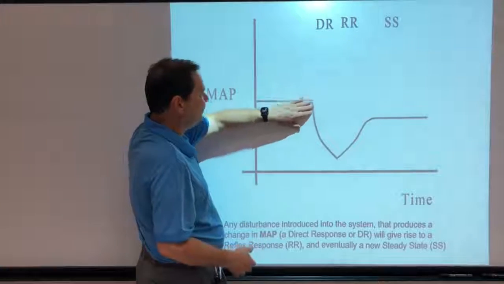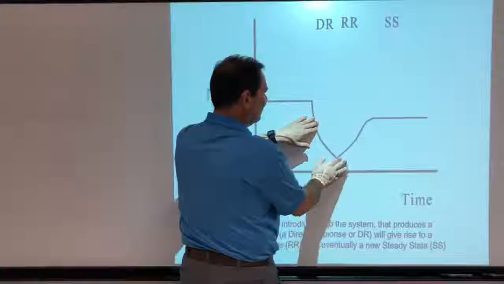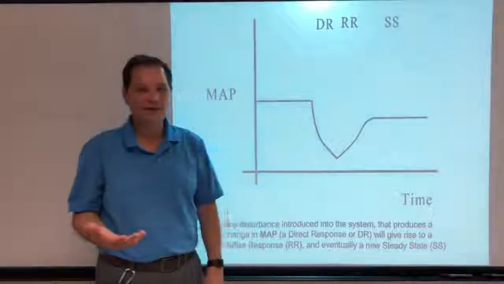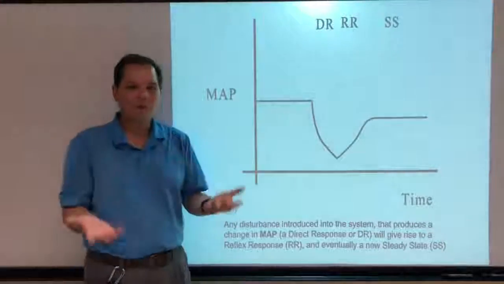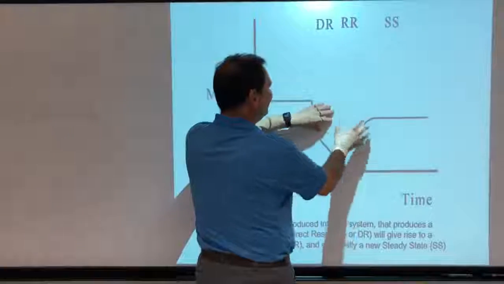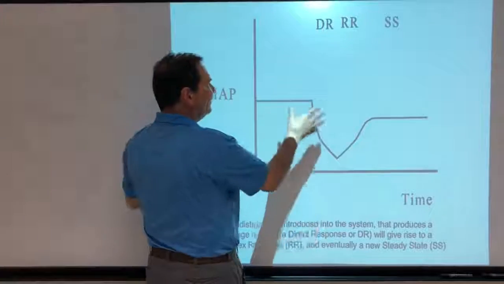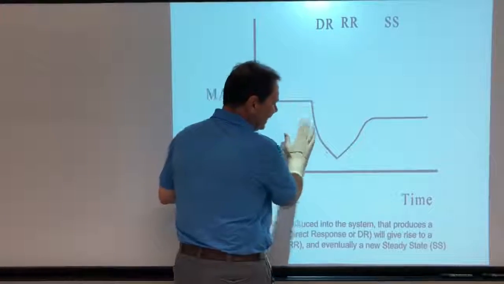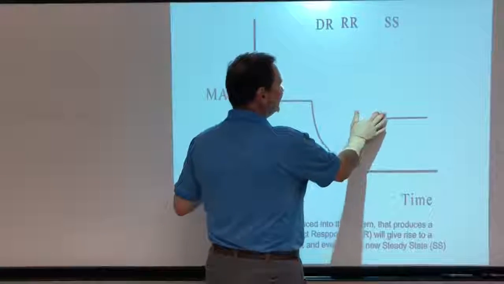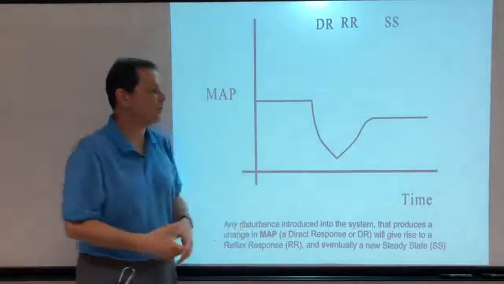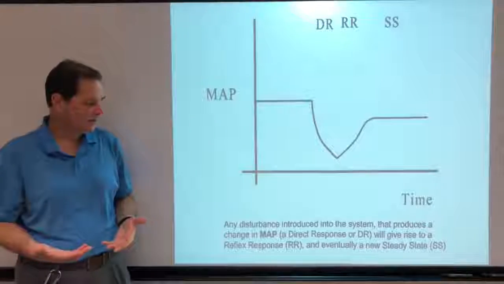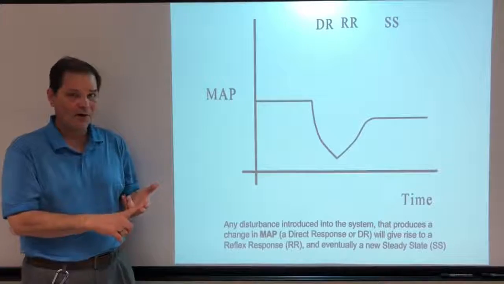As soon as your mean arterial pressure starts to drop, your reflex response kicks in and starts to bring that mean arterial pressure back up. But it is useful, when we're trying to figure out what's going to happen, to consider these separately. So we consider the direct response first, what happens without the reflex response, then we consider the reflex response second, and what happens in order to bring the mean arterial pressure back toward normal. And that's what DR and RR mean.